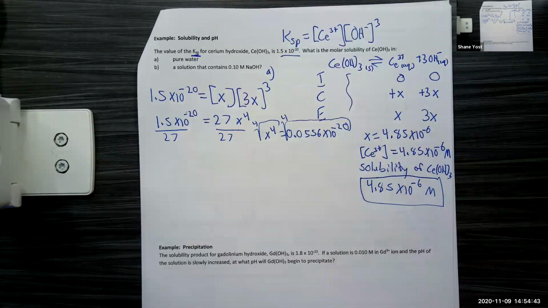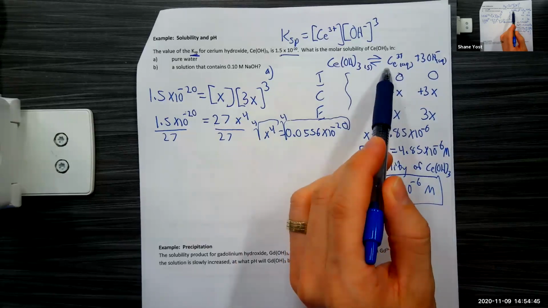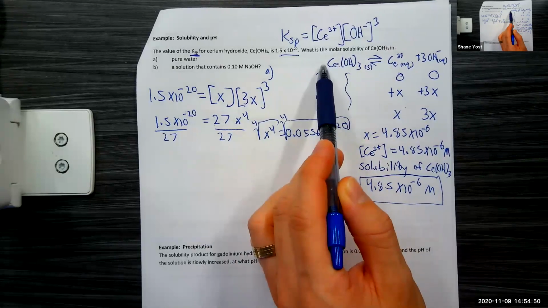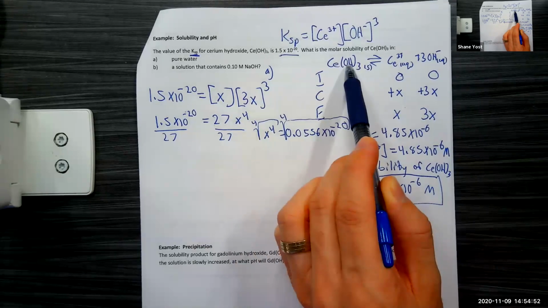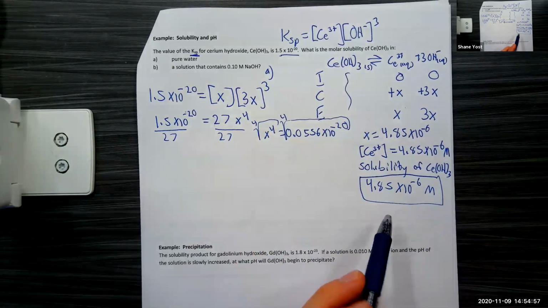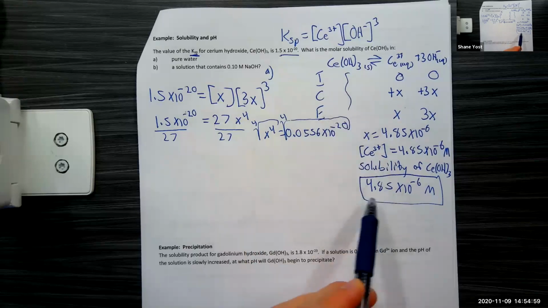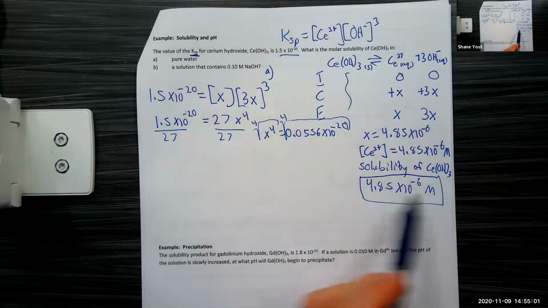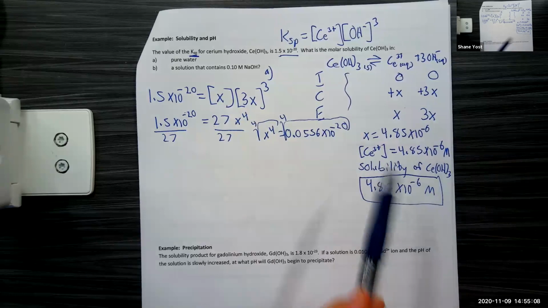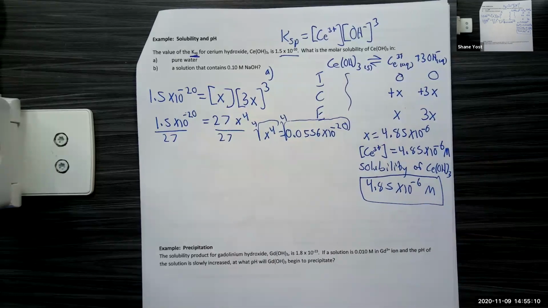Because cesium hydroxide has a stoichiometric coefficient of 1 in our equilibrium reaction, a 1-to-1 ratio, to form a saturated solution I dissolve 4.85 times 10 to the minus 6 moles of CeOH3 in 1 liter of solution, forming 4.85 times 10 to the minus 6 molar cesium ions and 3 times that amount of hydroxide ions.